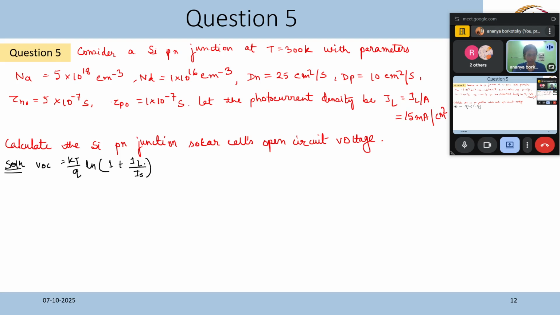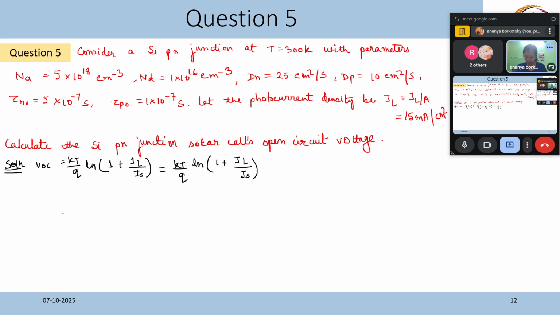Current we can write in terms of current density, so that area term will get cancelled out. So this will be KT by Q ln of 1 plus JL by JS, right? JL is given to us. We have to calculate JS, which is the reverse saturation current density for the PN junction.